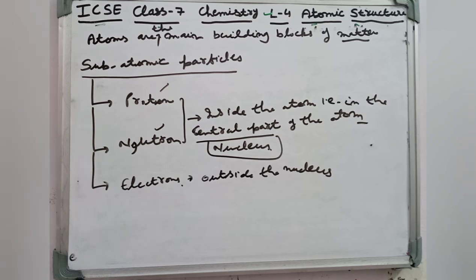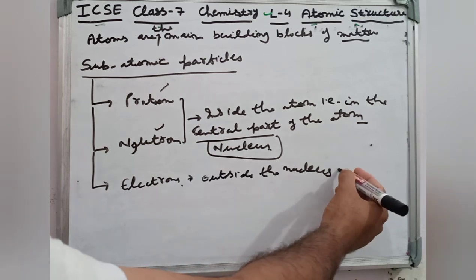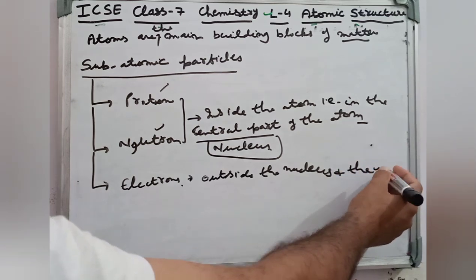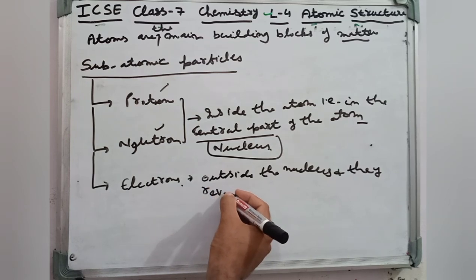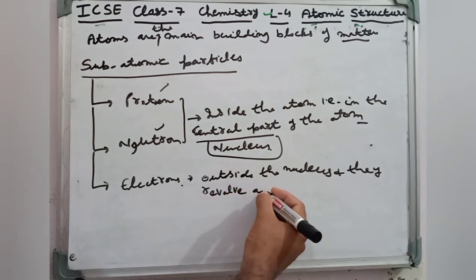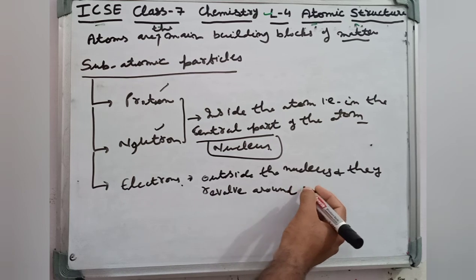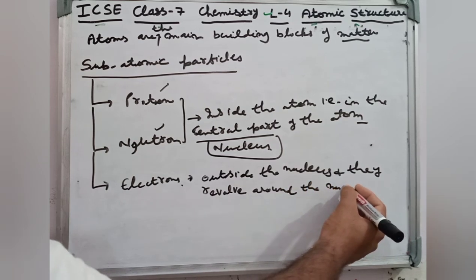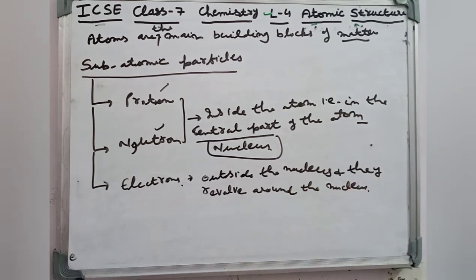Electrons are present outside the nucleus and they revolve around the nucleus, right children?